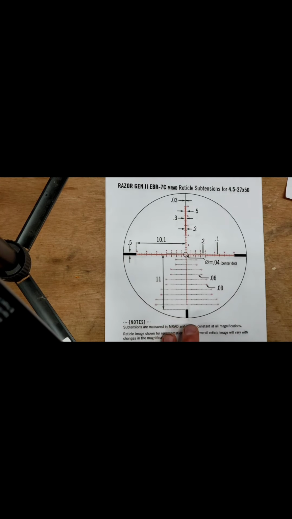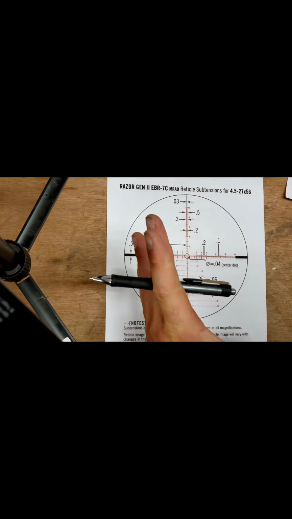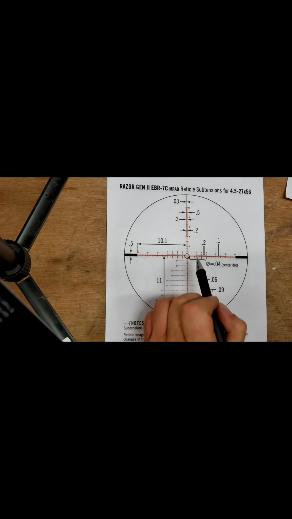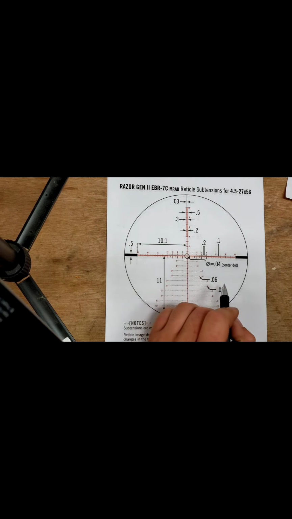And now if I turn up that magnification from 12 to say 24, everything is going to appear larger, but my target is still going to cover the reticle 1 mil. The target is going to stay the same size in relation to the reticle.